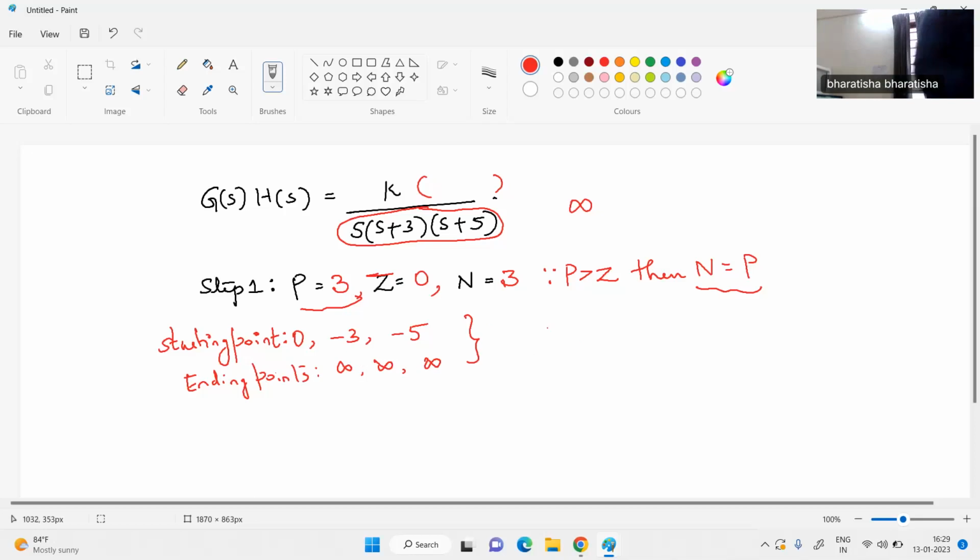So you have to remember this. Also, you have to find the roots of the characteristic equation.